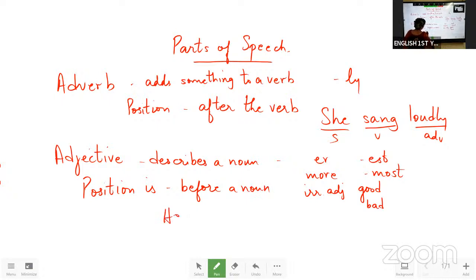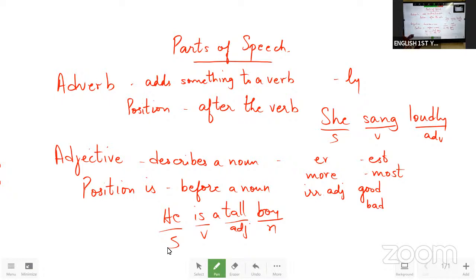He is a tall boy. Boy, as you know, is a noun. Adjective, verb, subject. So if you remember this, children, it is very easy for you to find out what is an adverb and what is an adjective. Understood, children?